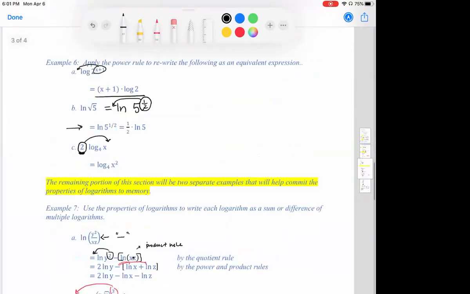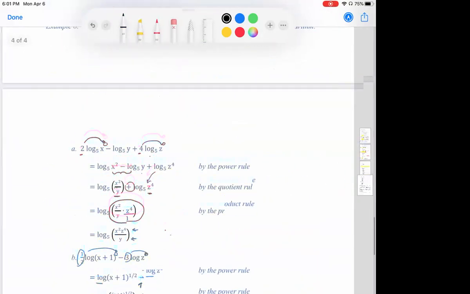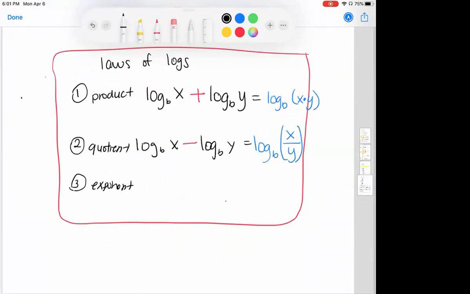So I have log base b of x with the exponent of t, that will equal t times log base b of x. And that was called the power rule, right?